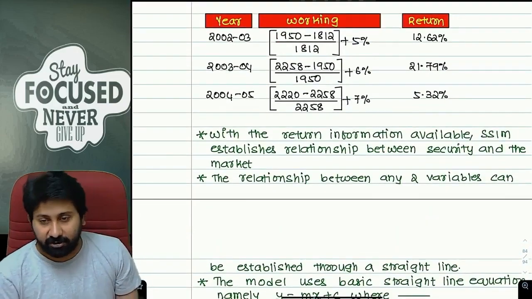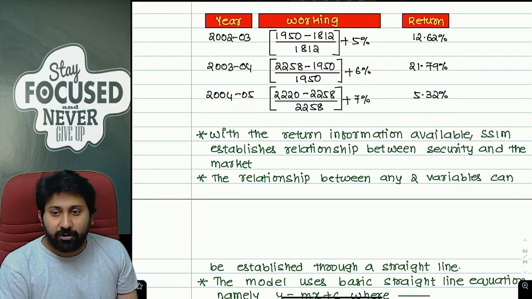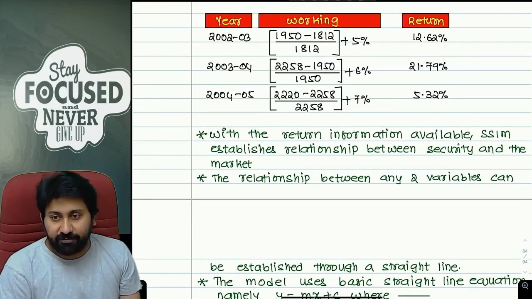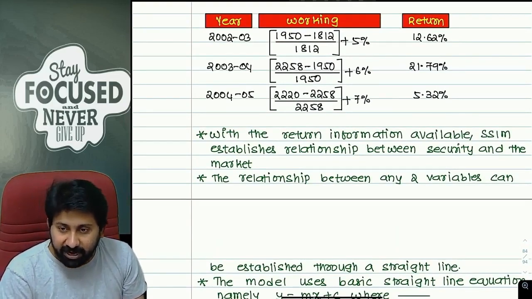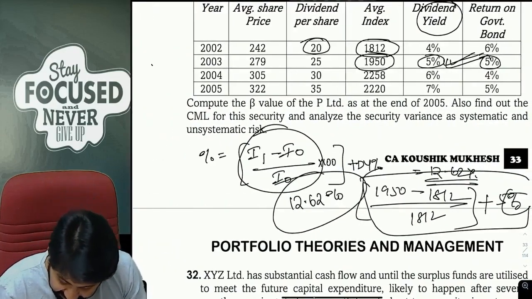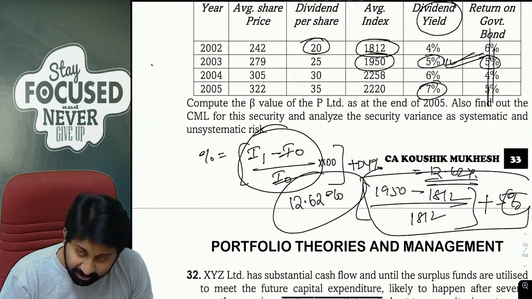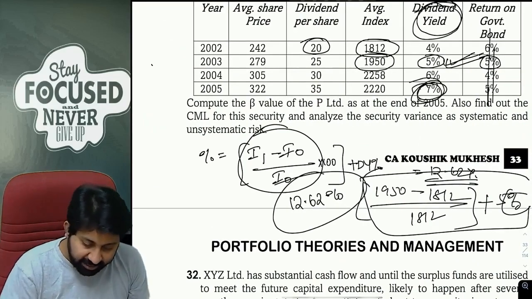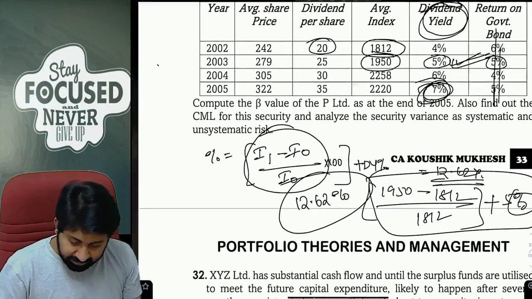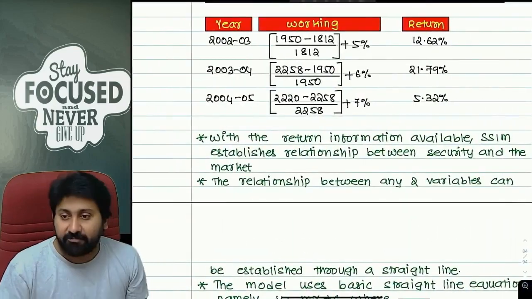So like that the third year, 2004-5: 2220 minus 2258, whole divided by 2258, plus yield is how much percentage? 7%. By mistake I also considered those; so this one you need to consider as dividend yield. So 7% we added. How much do you get? 5.32.